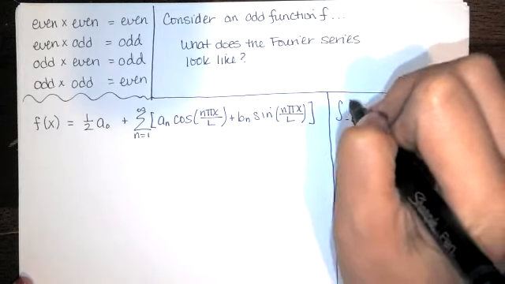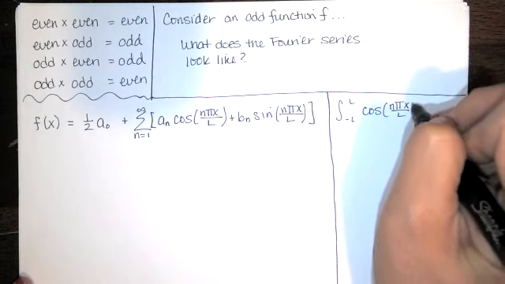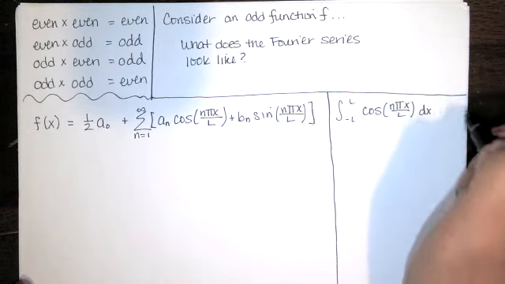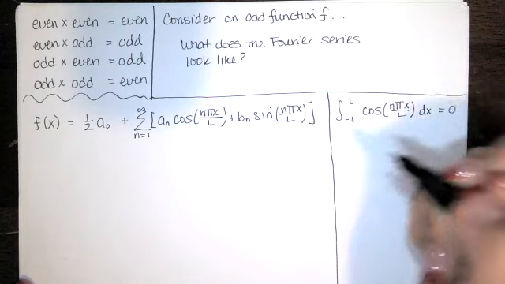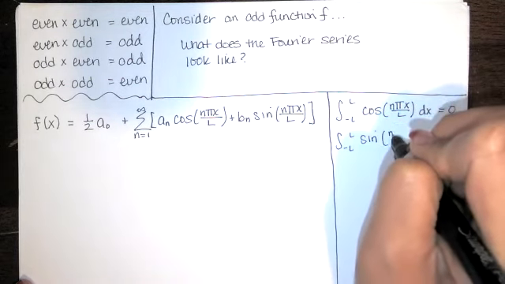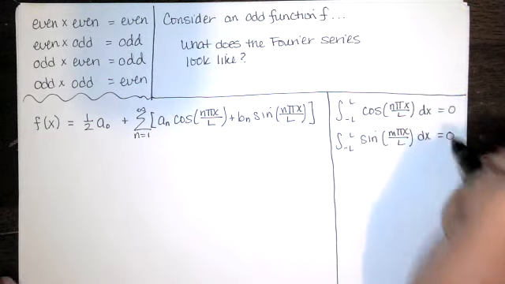We said, if you take the integral of cosine of n pi x over L over the interval from negative L to L, you get 0. And it turns out that if you do the same thing with the sine functions, you also get 0.